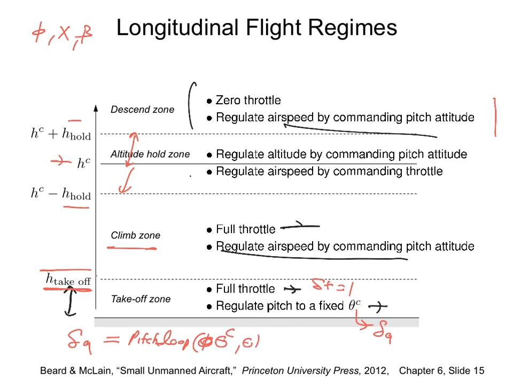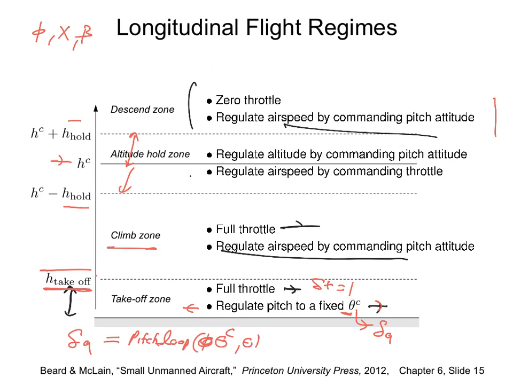We'll see how it will work. So that's how you will call a PID loop, this pitch loop, to keep theta at theta C. So basically you have to take off with maximum throttle and a constant pitch angle.